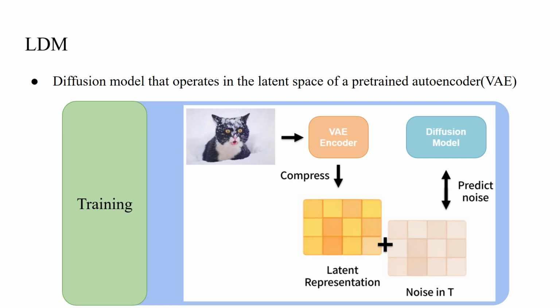Then we add noise to this latent representation at a random time step. The diffusion model is trained to predict the noise added to the latent feature. So the training target is still noise prediction, similar to DDPM. The difference is that the input is no longer a noisy image, but a noisy latent feature. This is why LDM can be more efficient than DDPM.